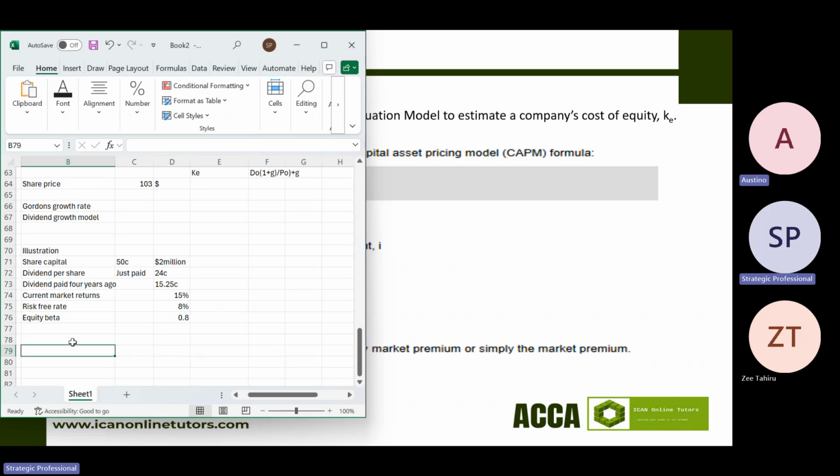So we have this question, right? Now, I want us to calculate the cost of equity using CAPM and the dividend growth model.